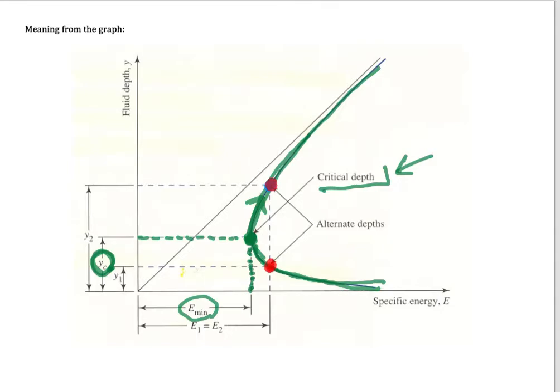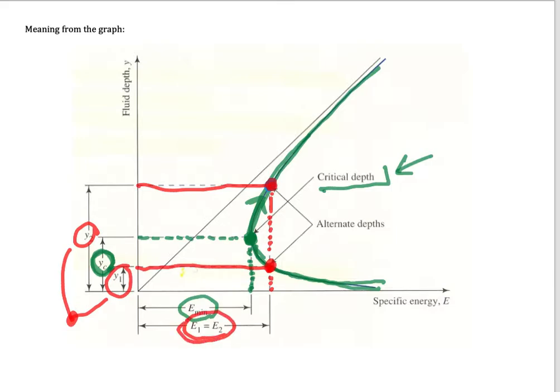These two points occur at two different values, y1 and y2. However, these two values will give you the same specific energy. That's why we call these two points alternate depths.